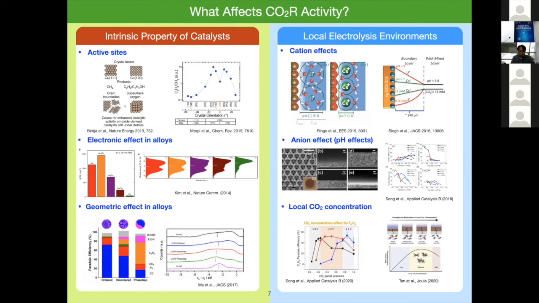The second category would be controlling the local electrolysis environment. For example, the cations in the electrolyte are known to stabilize the intermediate, and depending on the type of cation, the larger size, for example cesium, is known to be most active for CC coupling.